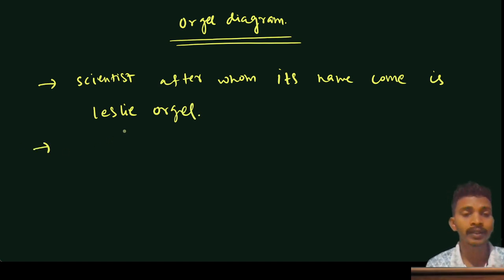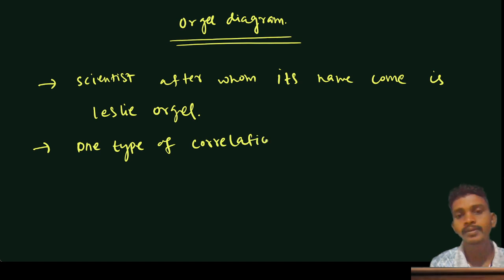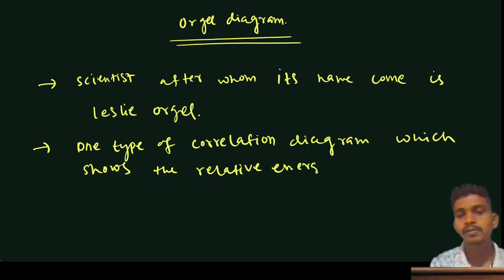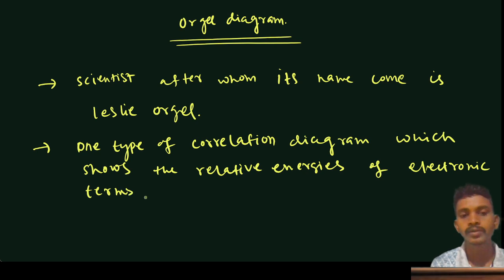And these Orgel diagrams, what are they? This is one type of correlation diagram, which shows the relative energies of electronic terms in transitions of metal complexes.